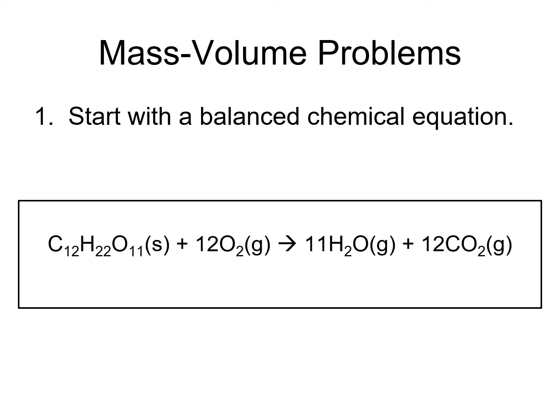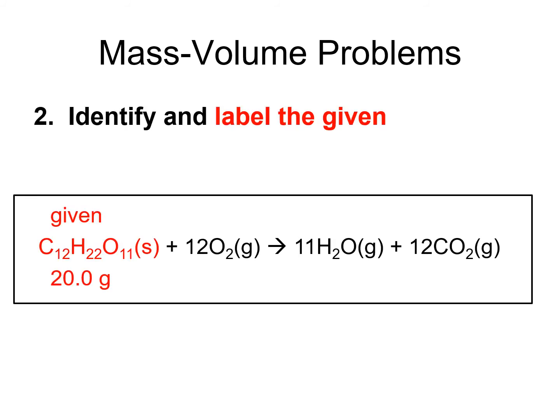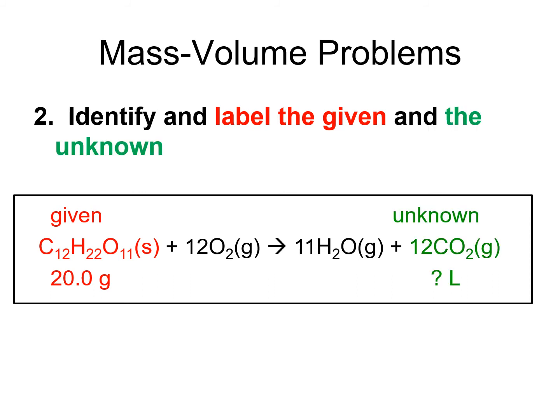Now, even though I read this on the molecular level, it's equally true if I read these as mole ratios. The problem that I read to you gave 20 grams of sugar or sucrose at the start, and the question was how many liters of carbon dioxide are produced.